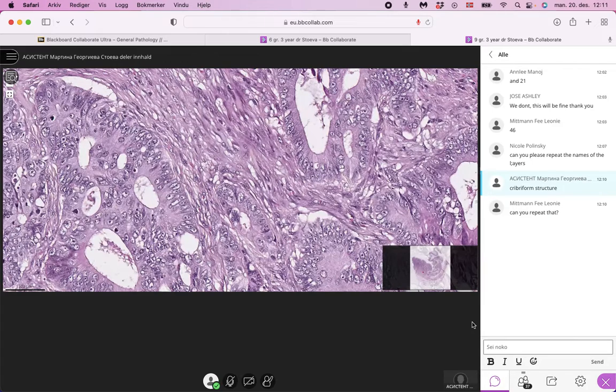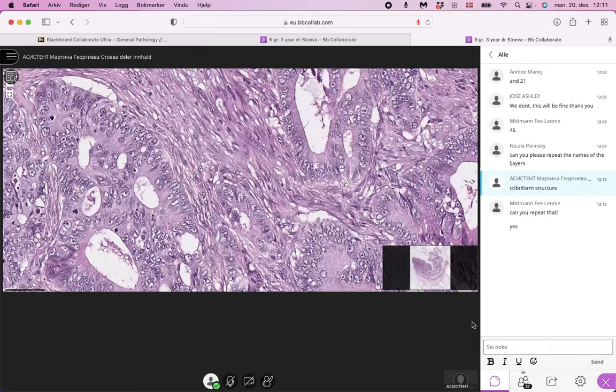To repeat about the cribriform structures, a cribriform structure is a zone where we have fused glands with secondary lumina inside. These are secondary lumina within one whole structure with smooth circumference with the stroma.